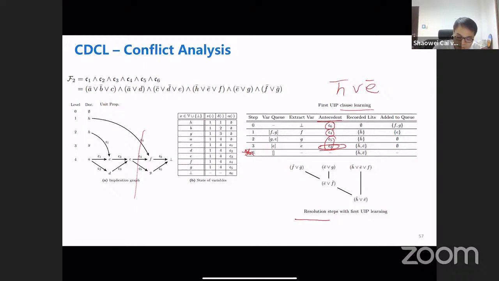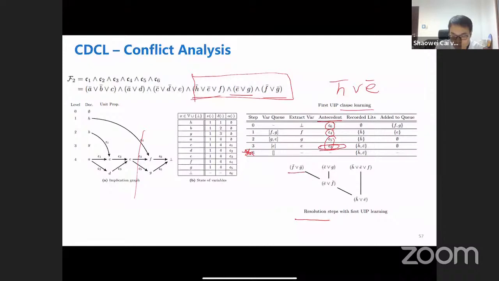Then in the analyzing procedure, the related clauses include C6, C4, and C5, right? Another way to get the learned clause is to make resolution among these three clauses. So we can make a resolution between C6 and C5, and then make a new resolution between the new clause and C4, and then we get the same clause.